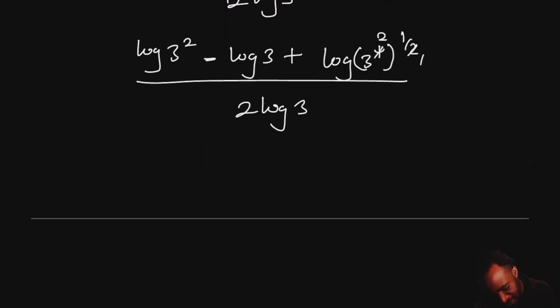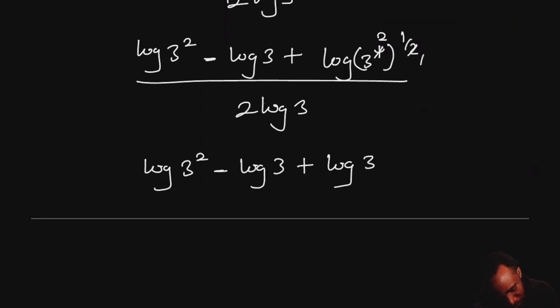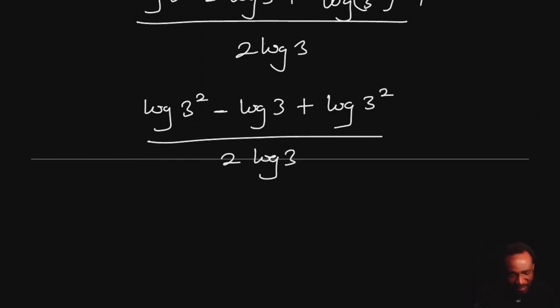So we can rewrite this term now as log 3 raised to the power 2 minus log 3 plus log 3 raised to the power 2 all over 2 log 3. Now let's further simplify this by using the division and multiplication laws of logarithms.